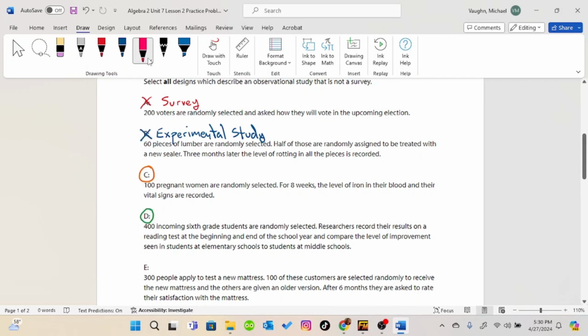And choice E, 300 people apply to test a new mattress. 100 of these customers are selected randomly to receive the new mattress, and the others are given an older version. After 6 months, they are asked to rate their satisfaction with the mattress. This is wrong because this is an experimental study.